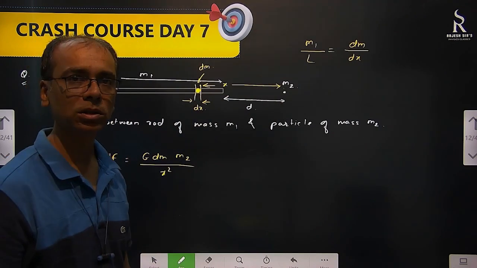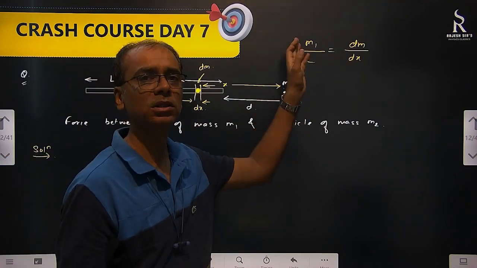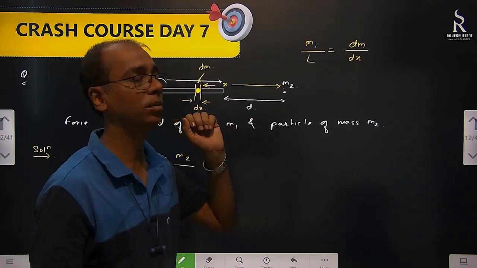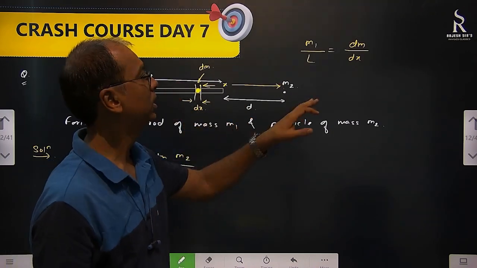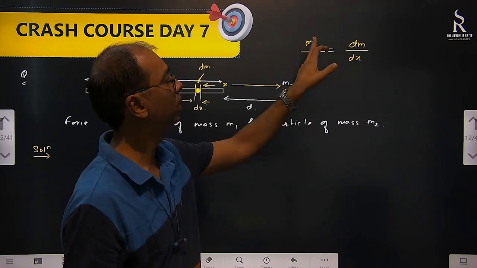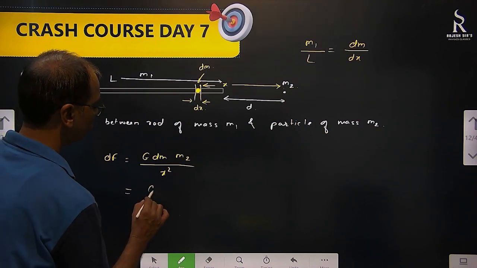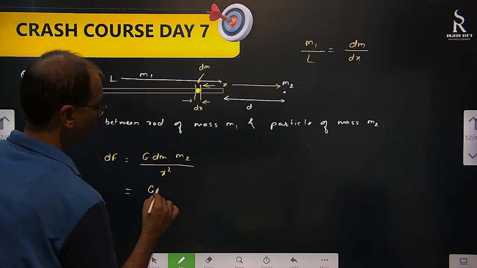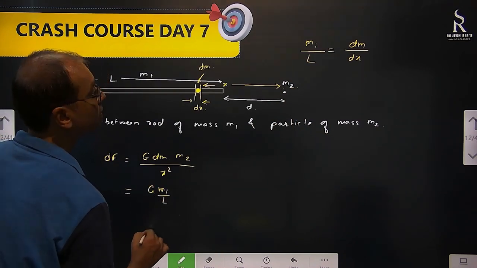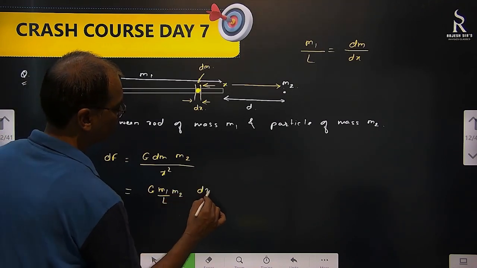Mass by length is constant. Sometimes this M1 by L is called lambda, the linear mass density. So in that case we will write dm equal to lambda dx. But here dm equal to M1 by L into dx. So put it here: G M1 by L into dx, multiplied by M2, over x square.